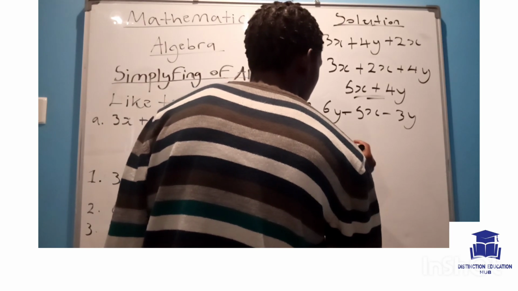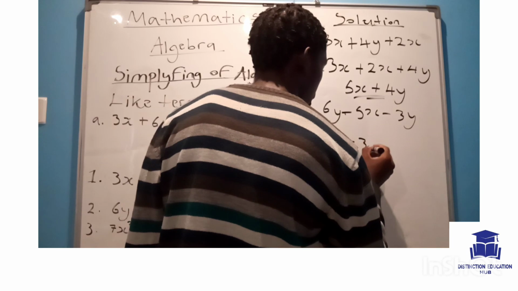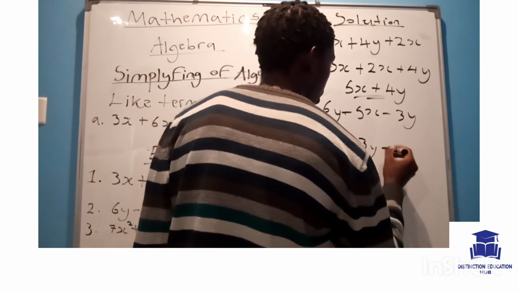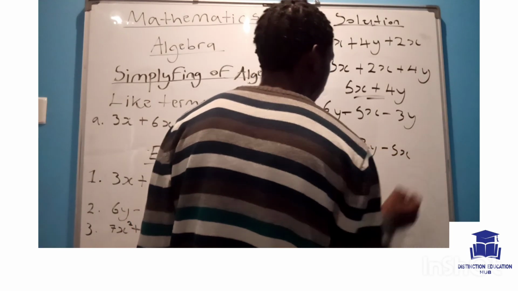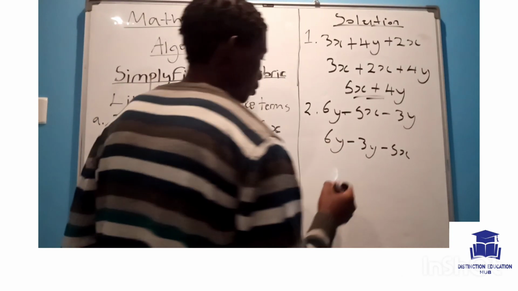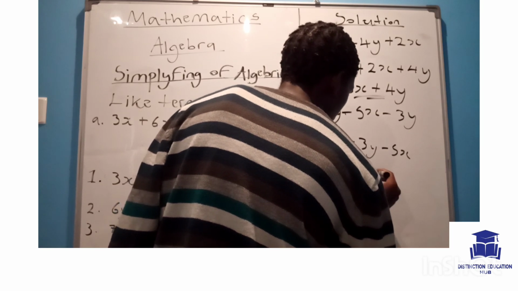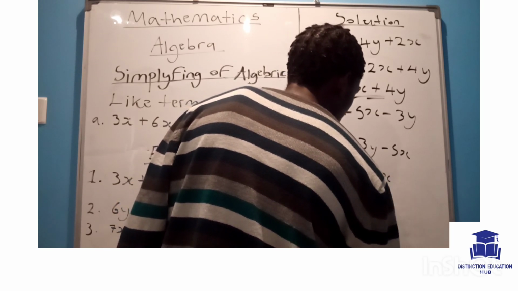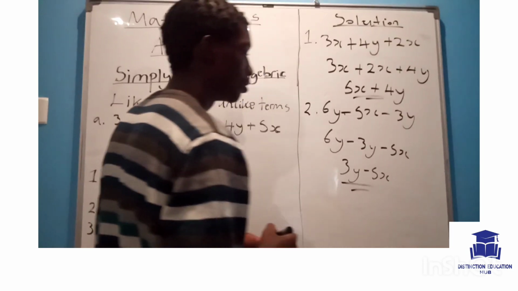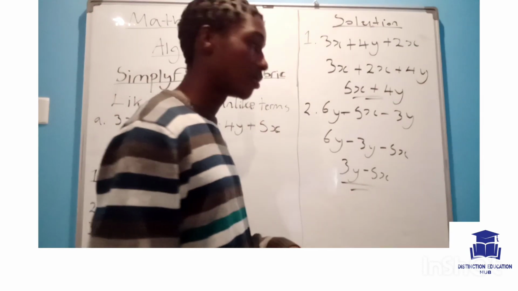The like terms: 6y minus 3y, minus 5x. What is 6y minus 3y? It is 3y, minus 5x. You end right here. You can't go any further because these are unlike terms.